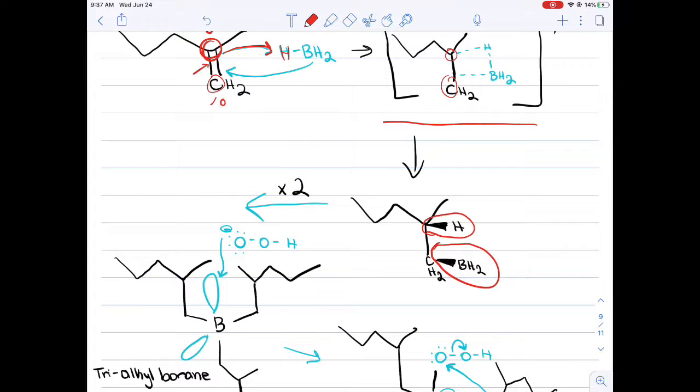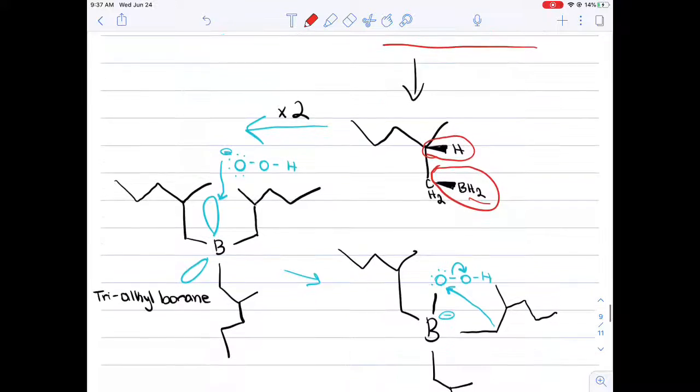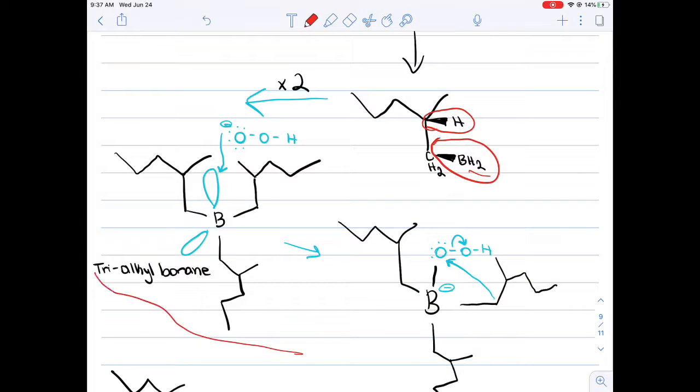And now, of course, because you have 2 more hydrogen atoms on BH2, this reaction will keep going to form a trialkylborane. And so, bam, you have this crazy thing here. Okay, so remember, you're going to have a peroxide ion formed, and it's going to attack one of the unhybridized orbitals on boron.